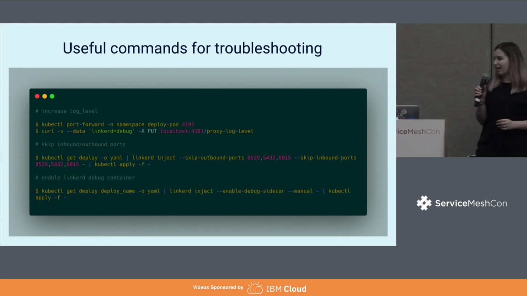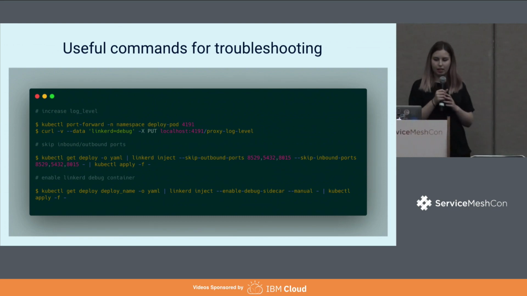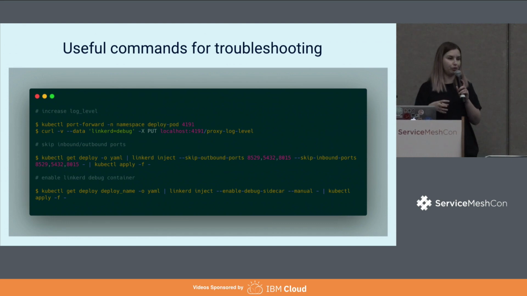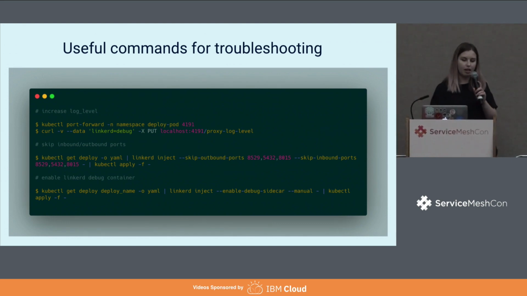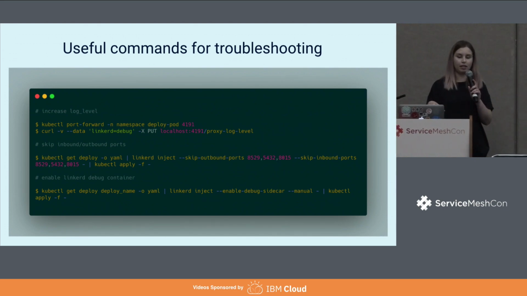Thank you. So from our side, it was quite hard to troubleshoot, so I wanted to share with you some of those commands that were useful to get additional context. So first of all, increasing the log level. By default, Linkerd proxy gets installed with info and warning levels. So you can increase that log level using these commands here.